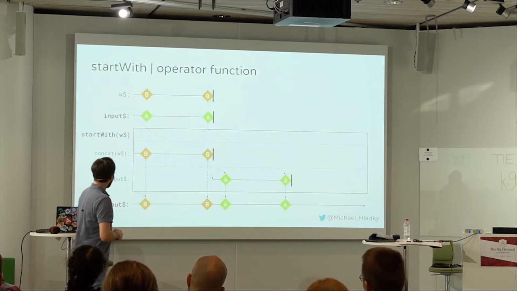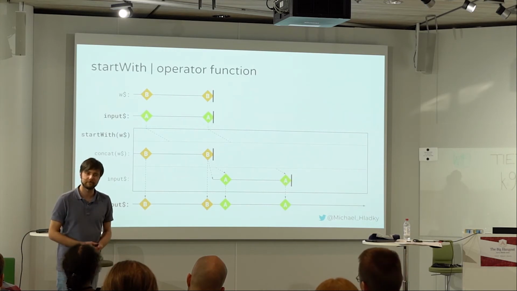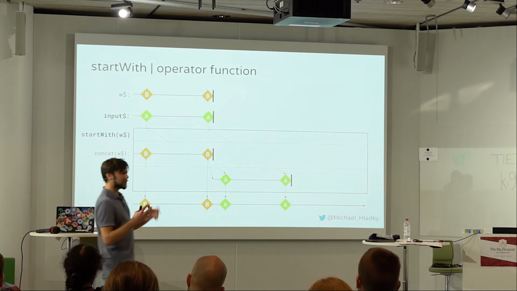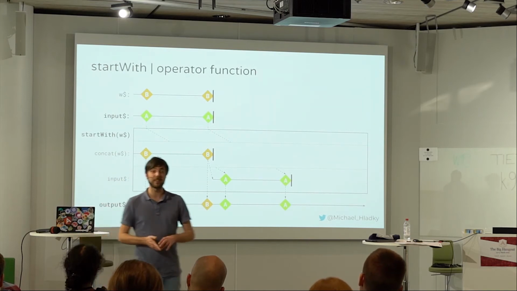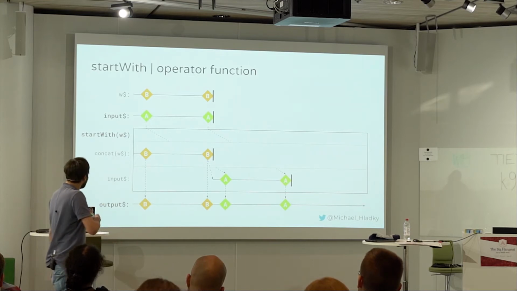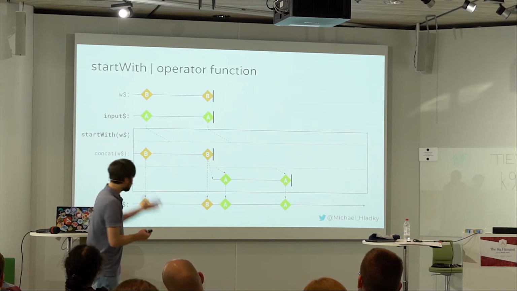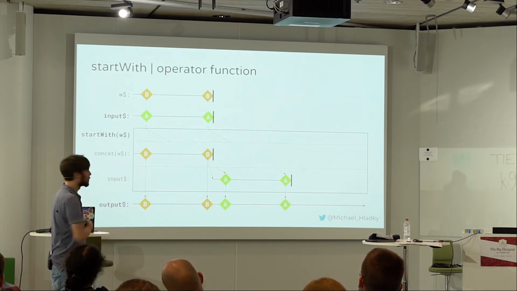As we know concat now, we can talk about another operator that is called startWith. And startWith doesn't sound like a concatenation operator, but in fact startWith is an operator that internally uses concat before the stream that is initially used.